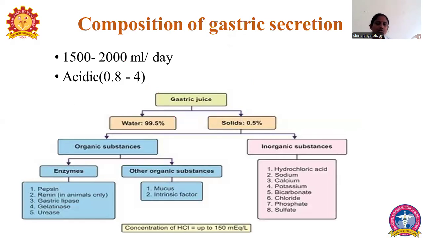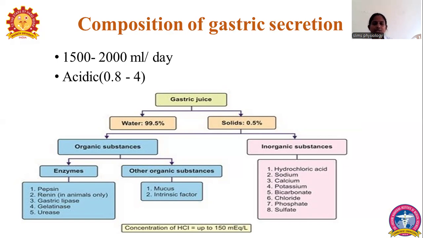So we move on to the composition of gastric secretion. If we see the volume of gastric secretion per day, it amounts to about 1,500 to 2,000 milliliters per day.